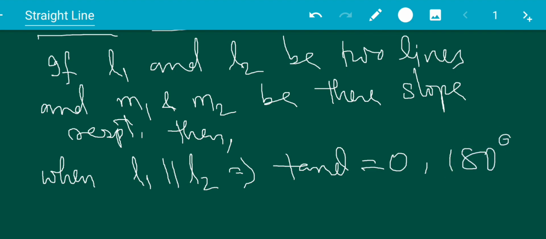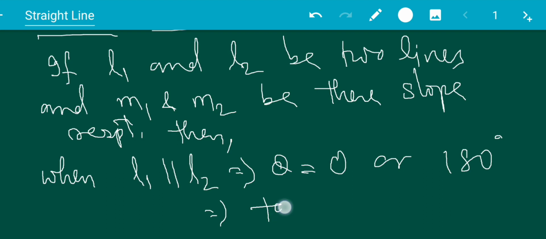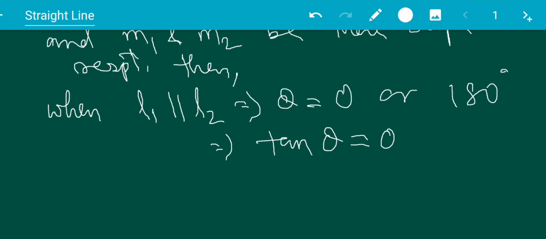Okay, so the angle theta is 0 or 180 degree. So this implies tan theta is equal to 0. In either case, tan theta equal to 0.